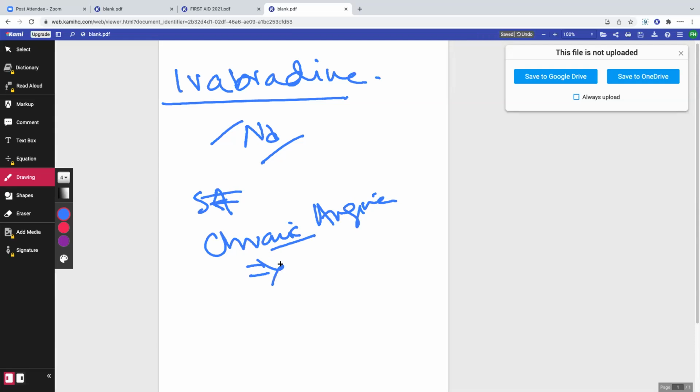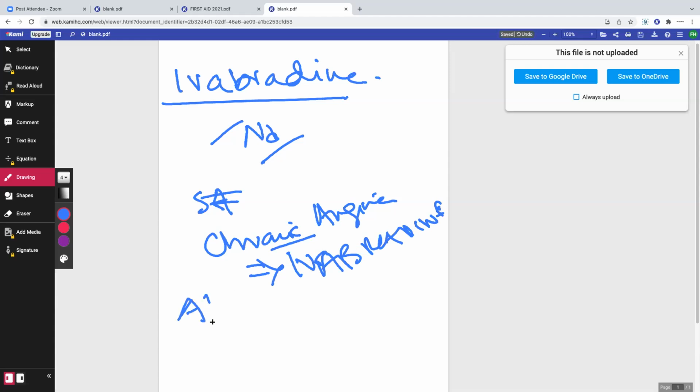For example, the patient has asthma, or any other disease for which he cannot take beta blocker. Let's say he has diabetes. So in those patients, we give ivabradine. Are we clear? Yes or no?